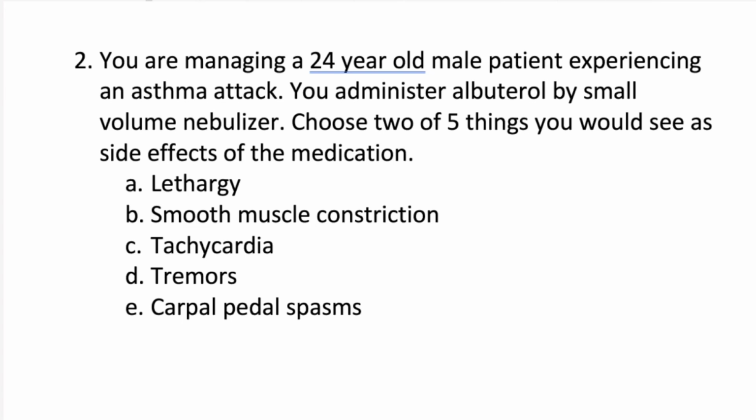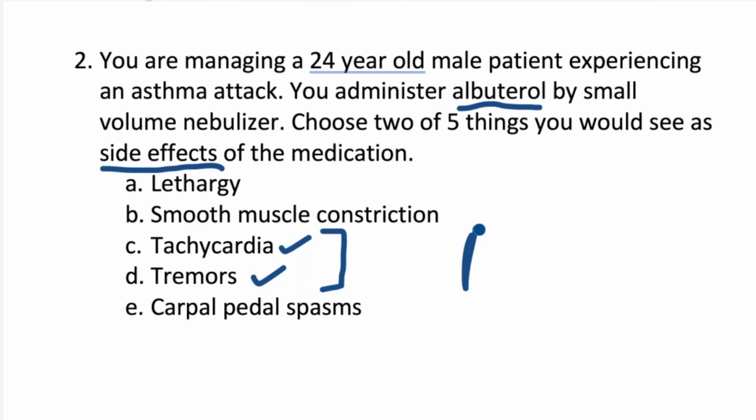There's a lot of thinking involved in this, and I'd expect you to take your time on the National Registry. So choose 2 of the 5 things you would see as side effects of albuterol. Well, the correct answer is tachycardia and tremors. Now remember that these 2 things are the answer for several reasons. One, it's part of the sympathetic nervous system, part of our fight or flight.